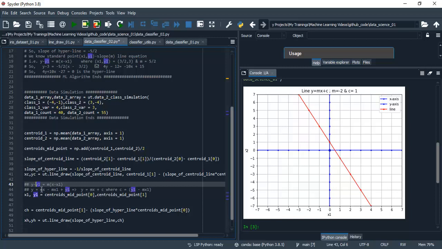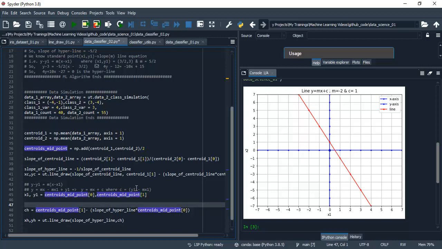where m is a slope, and whatever is the rest of the term is constant, there is no y or x variable in this. Okay, all these are the constants, so this value is going to be our y intercept, right? And that is why if we write this properly, y1 minus mx1, and that's why c is equal to y1 minus mx1.